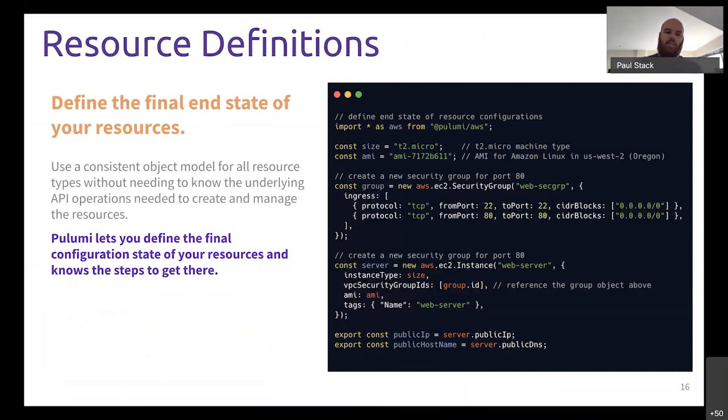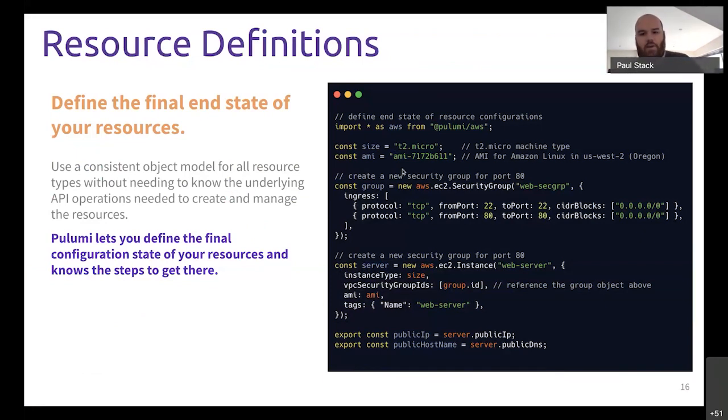It is actually end state that you declare. So in this small application, you will see in TypeScript, you would declare that you want a security group with these ingress rules. You would declare that you need this specific instance and using the specific security group that goes with it, and the AMI, of course, that we set as a constant.